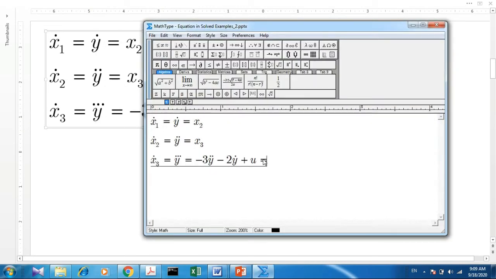In this case, x3 dot equals minus 3 x3, minus 2 x2, plus u.